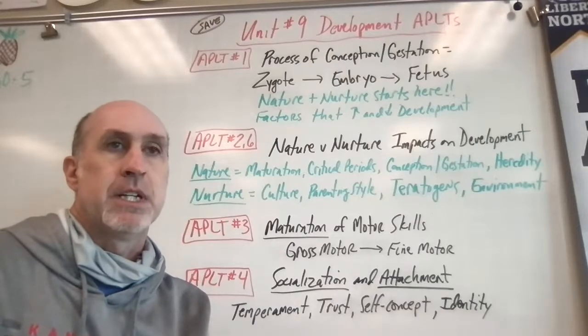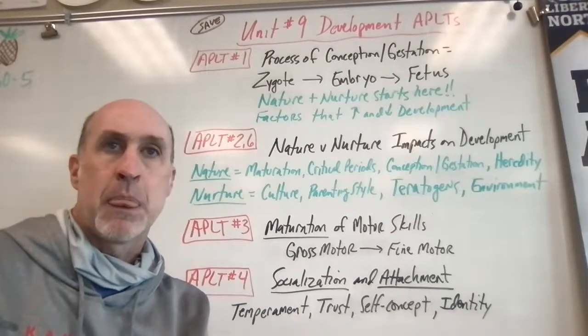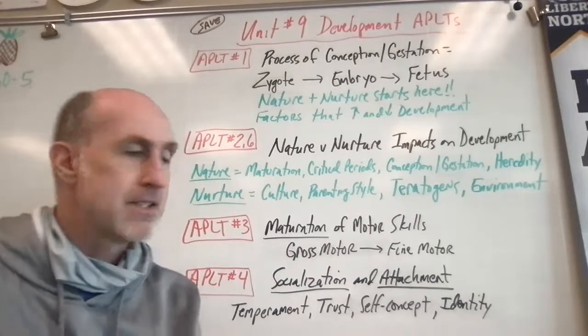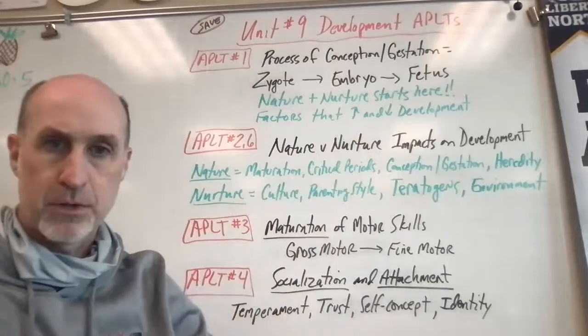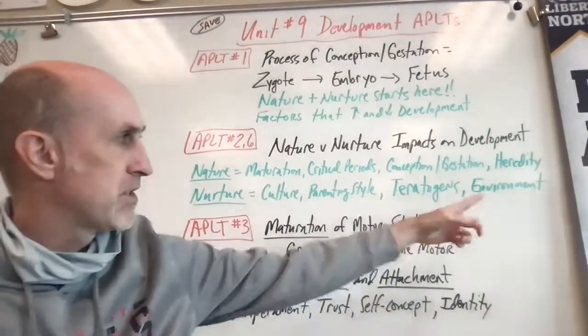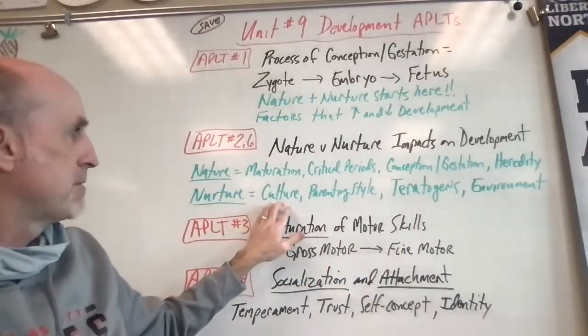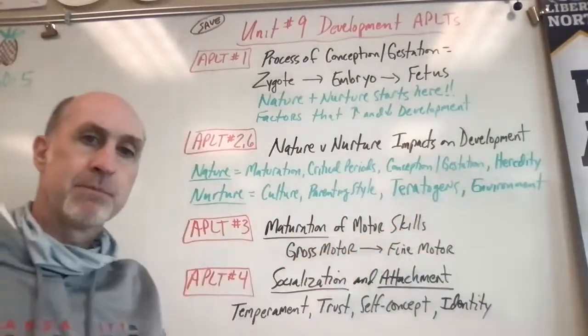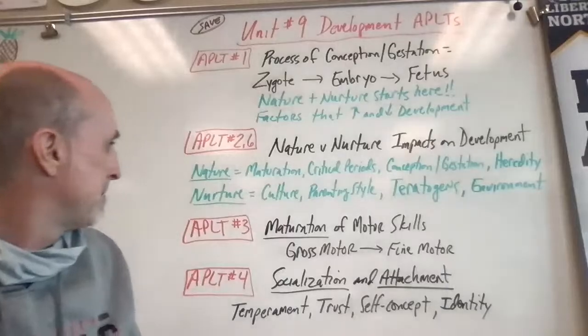If they live in an environment where there's pollution in the air, those toxins, which are teratogens, can enter the womb. And then obviously your environment, which is a smaller subset of your culture. Well, actually, sorry, culture is a smaller subset of your environment. Environment's all encompassing.